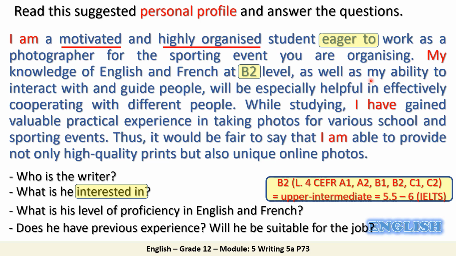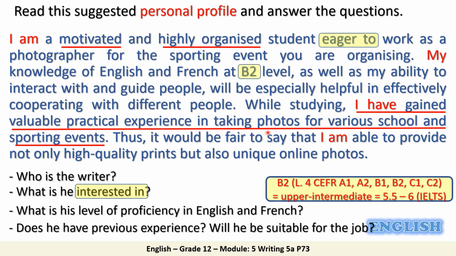Does he have any other abilities? Yes. He has the ability to interact with and guide people. How helpful will he be to the company? This will be especially helpful in effectively cooperating with different people. So he sees that he will be effective in cooperating with different people. How about the previous experiences? He says, while studying, I have gained valuable practical experience in what?